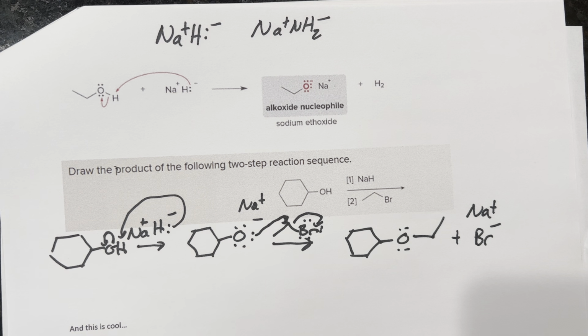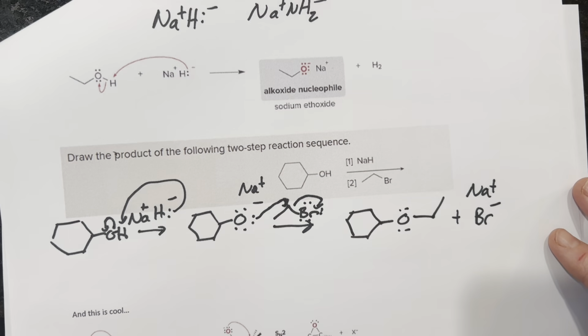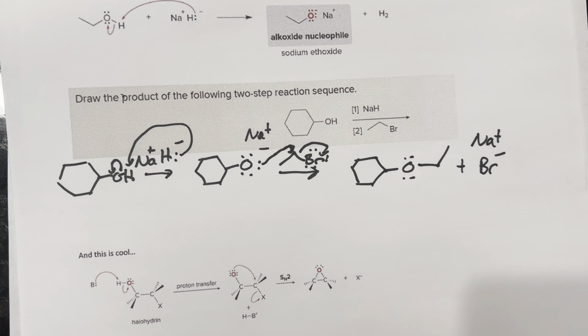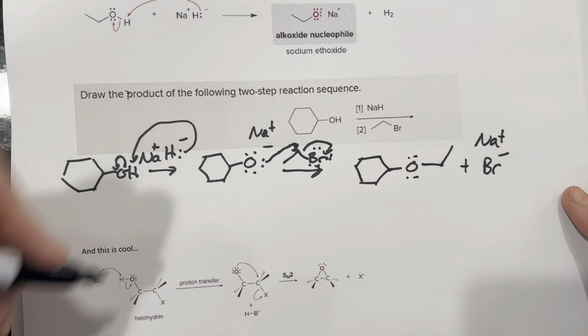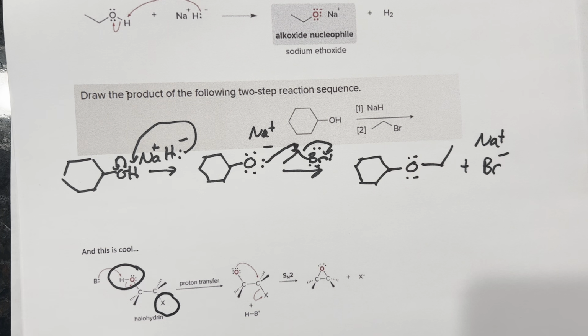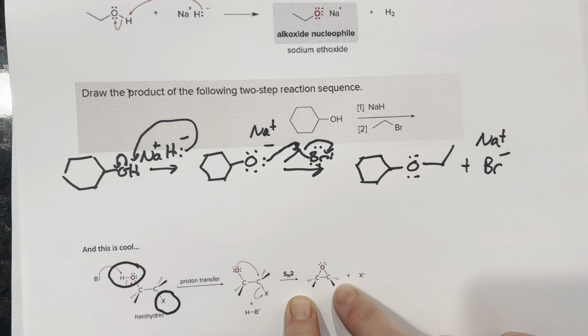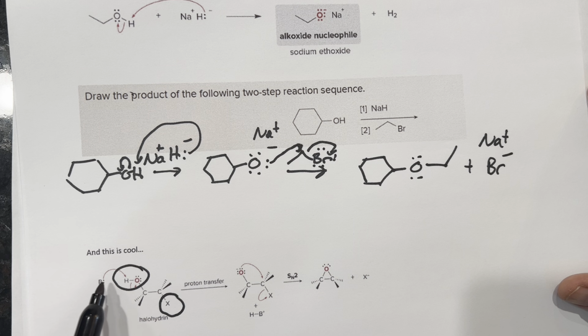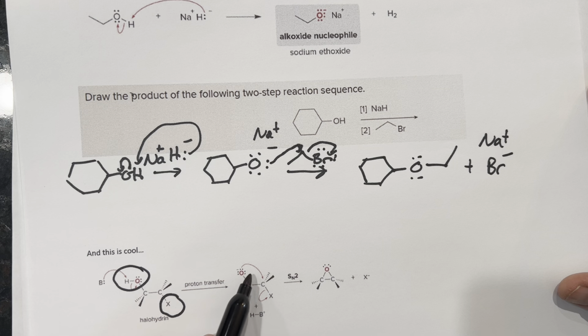All right, now this is pretty rad. I like this a lot, and it's something to pay attention to. If you ever have an alcohol and a halogen, that's how you're going to get an epoxide. So hopefully you can see a base comes in, it grabs this hydrogen, making this oxygen by itself, see it right there? It's now negatively charged.